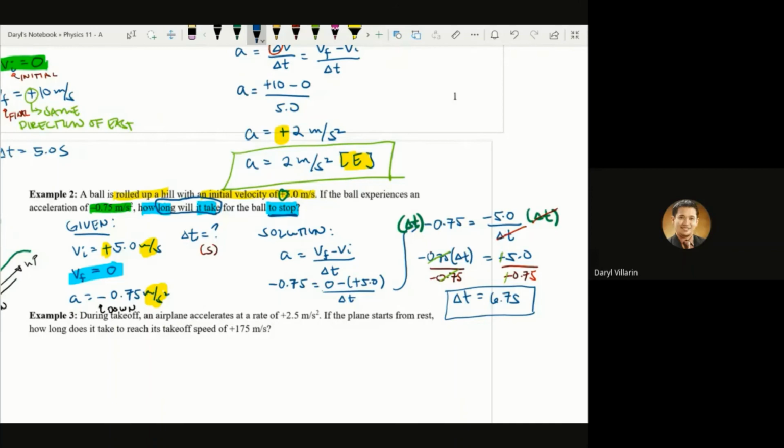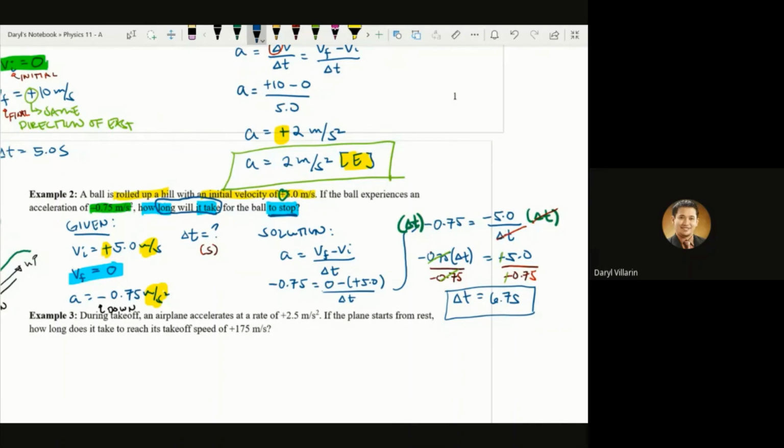Before moving on to example number 3, are there any questions with example number 2? If there's none, again, you can do it this way. I know that there are some of you who are more comfortable dealing with numbers instead of dealing with the variables first and then solving for a particular variable. So if you find this much easier, you can do this.